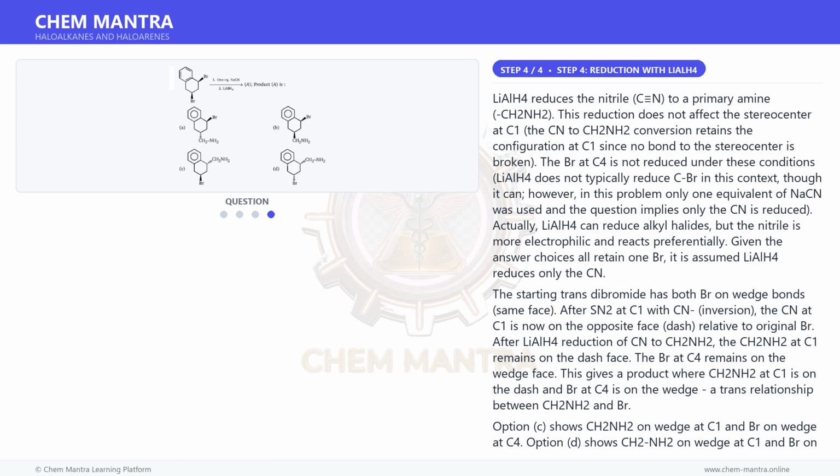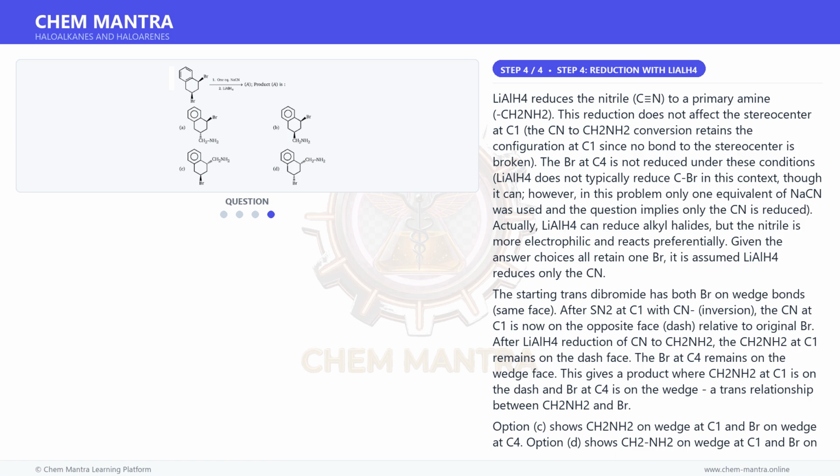Option C shows CH2NH2 on wedge at C1 and Br on wedge at C4. Option D shows CH2NH2 on wedge at C1 and Br on wedge at C4. The correct answer C shows the CH2NH2 at the position where CN replaced Br, with inversion giving dash in the ring drawing convention, and Br retained at C4 on wedge.